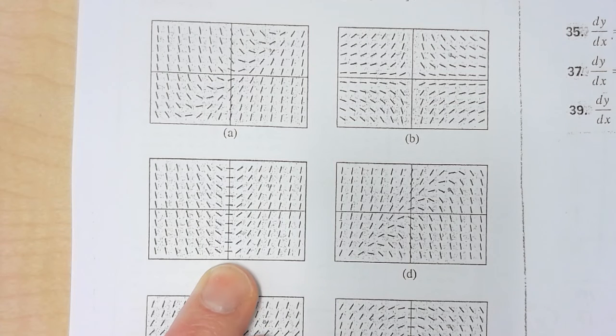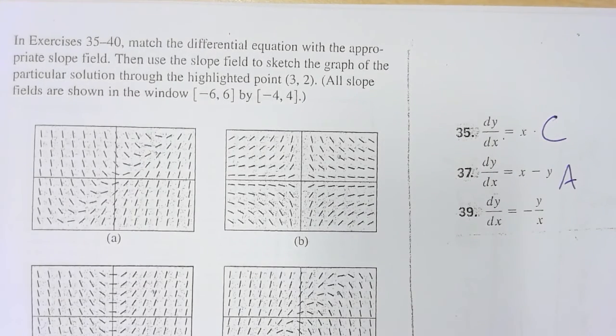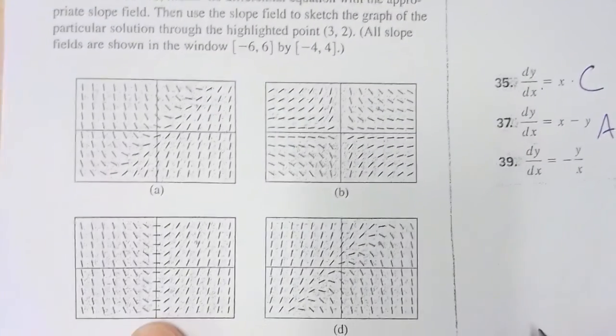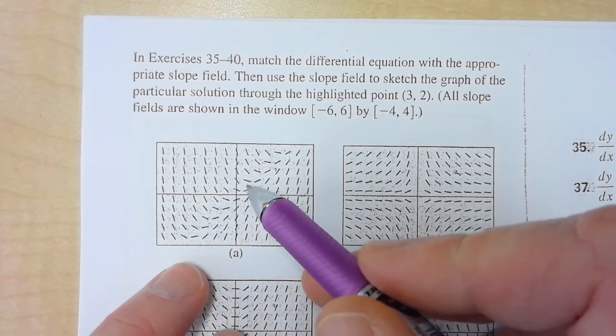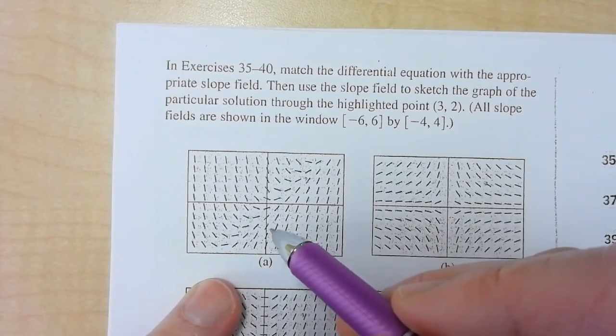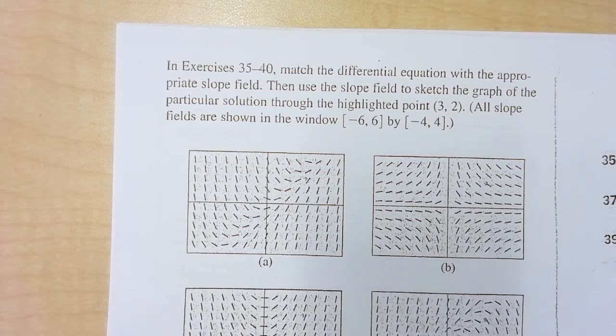That makes sense. 37 is A. So you're subtracting X and Y. So every time X and Y are the same, it should be 0. So X and Y are the same, like 1, 1.